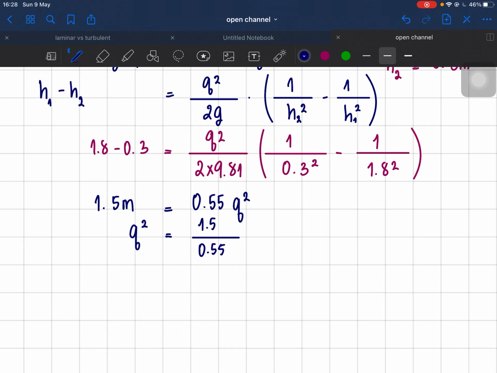Okay, so this will be 1.5 divided by 0.55. Answer is 2.727.